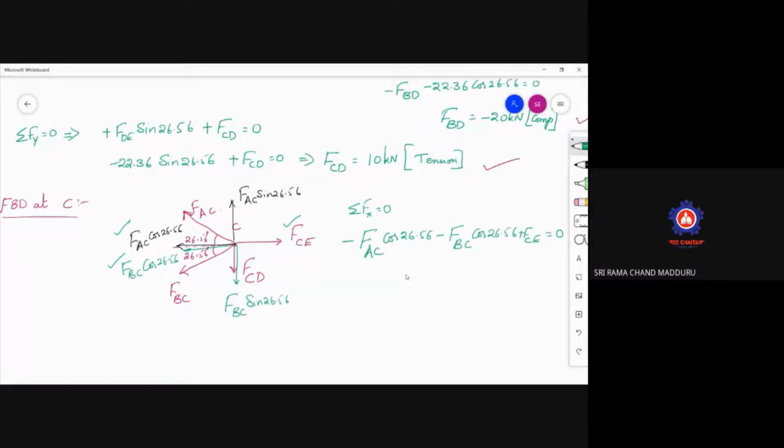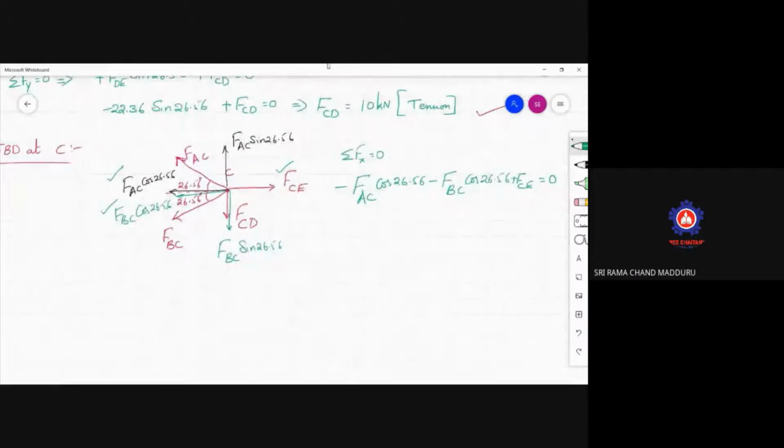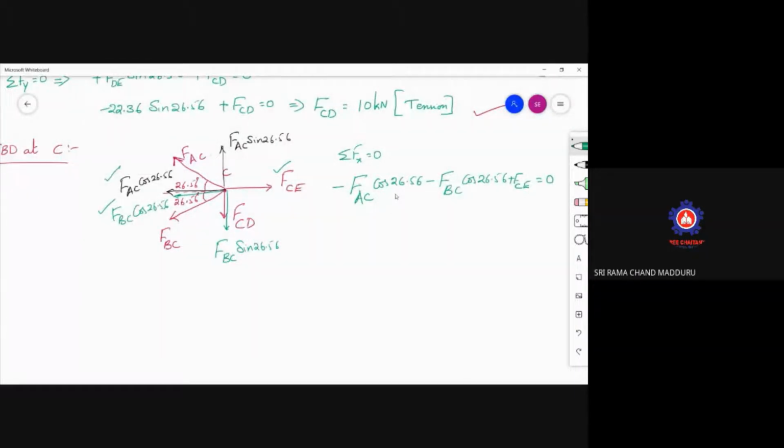So what is the value of this one? FCE, we have already got the value of FCE. 20 kilonewtons, sir. 20 kilonewtons, that is plus. Can any one of you tell me what is cos 26.56?